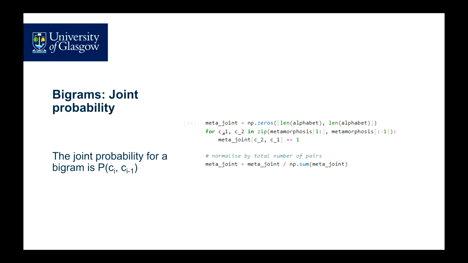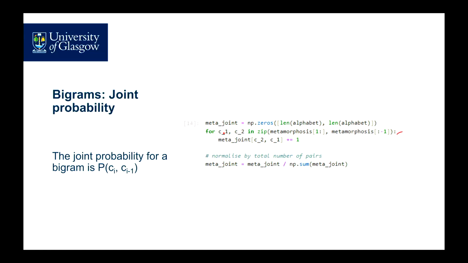So basically, this is quite easy to code in Python. Because you have two variables, you're going to model the joint probability typically as an array, a matrix, a grid, where the outcomes for one variable correspond to rows, and the outcomes for the other variable correspond to columns. So every pair of letters corresponds to one value in your matrix. Then you can just go through all of the character pairs in your text.